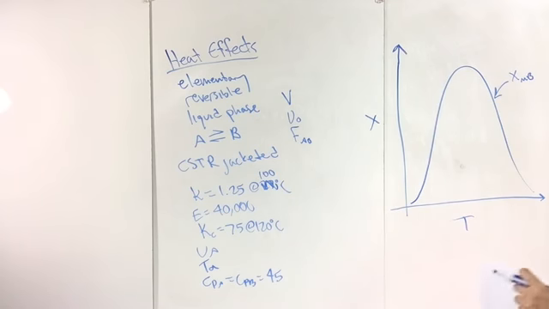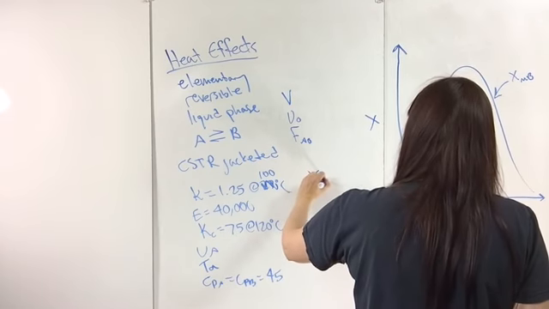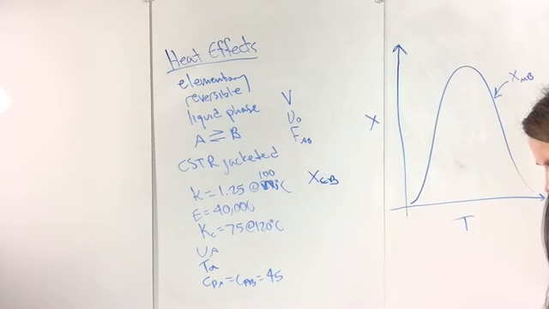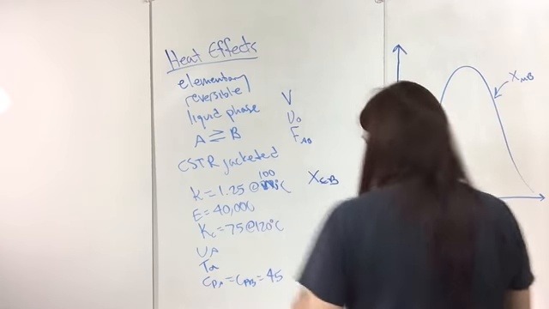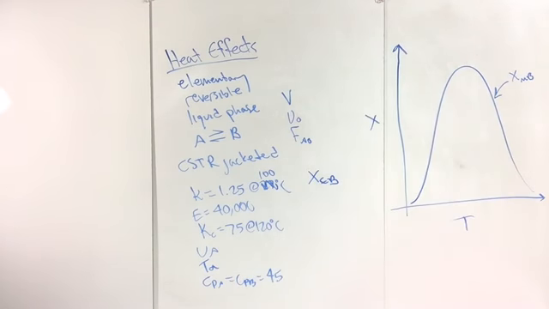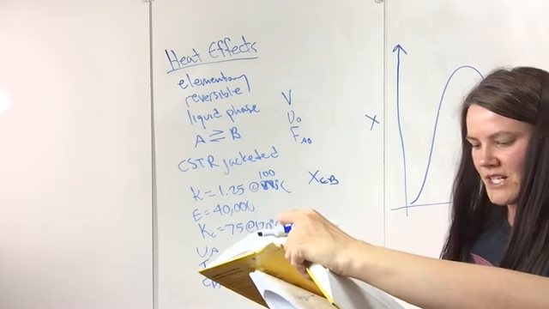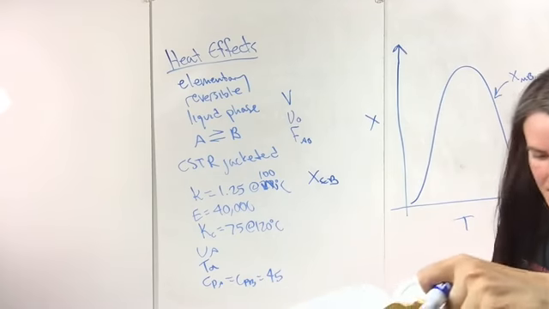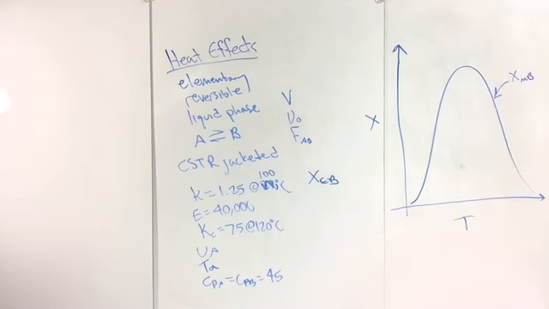So what we need to do is calculate X EB. So we need the energy balance. We have a CSTR with a heat exchange, so I'm going to pull the equation straight off this table 8-1. This is equation 2, CSTR with heat exchange, and this is assuming that you have a large coolant flow rate. So just keep that in mind.